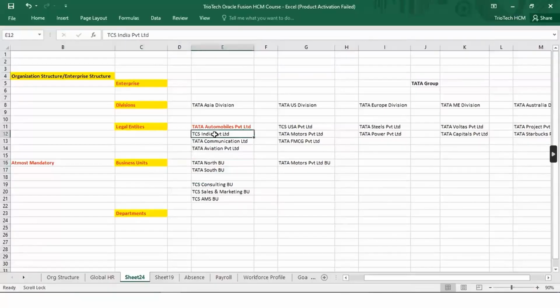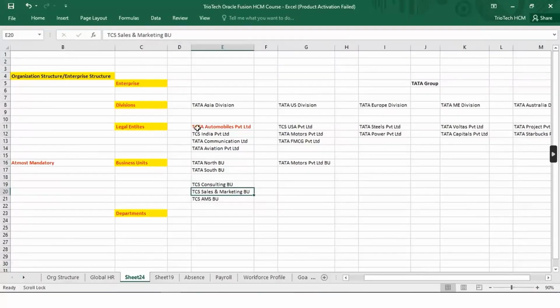TCS is a company which is operating in India. Under TCS, again, that company is bifurcated into different operational units or business units, like consulting BU. All people who are working in the consulting area will be part of the consulting business unit, or all the people who are part of sales and marketing related jobs, they are part of this business unit.